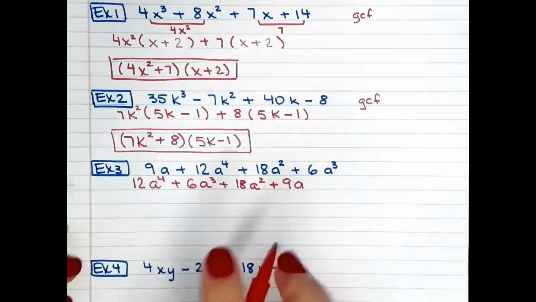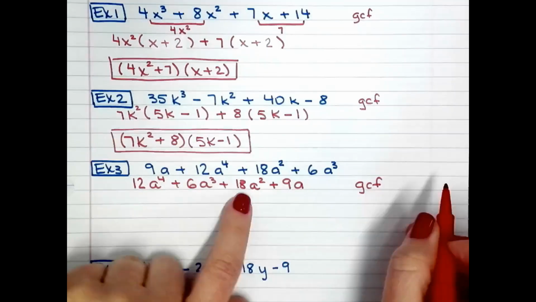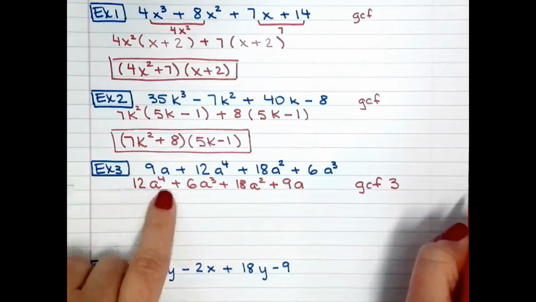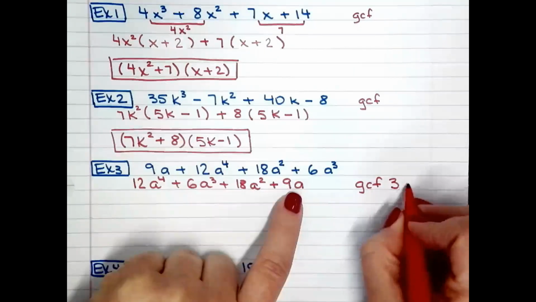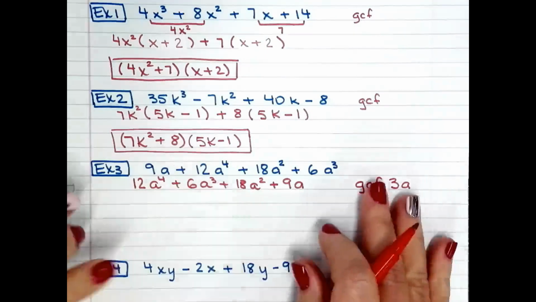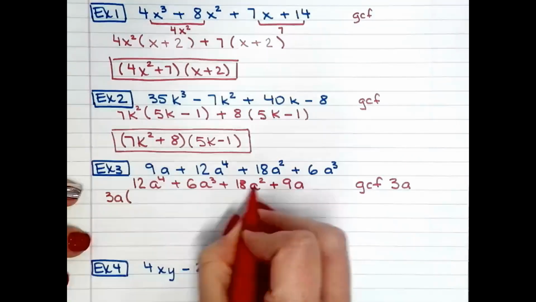After you do that, you're going to look for the GCF for the whole thing. So I can see that I can divide them all by 3. And I can also see that they all have an a that I can divide everybody by. Okay, so the GCF for the whole thing is going to be 3a. So 3a goes outside, divide everybody by 3a.